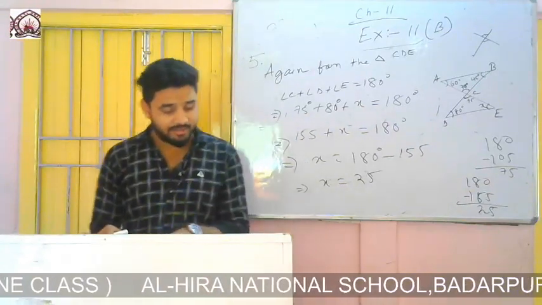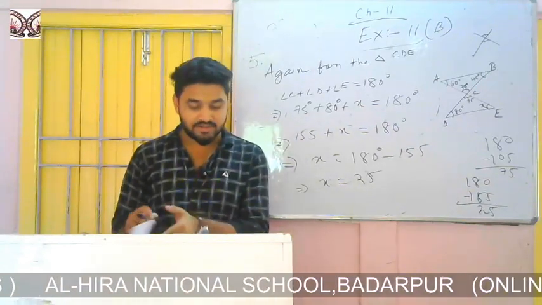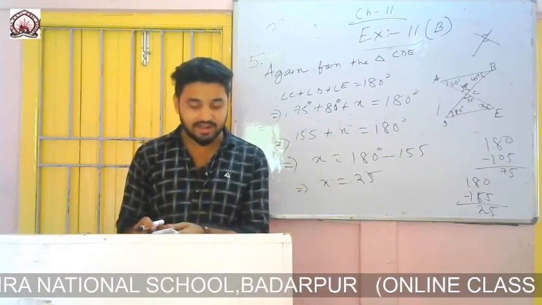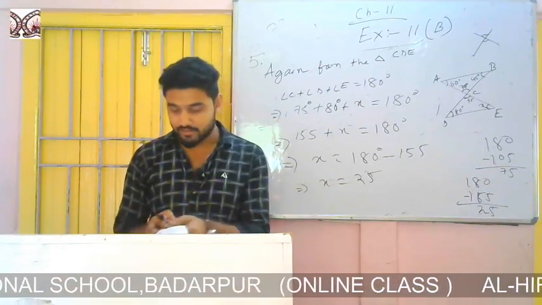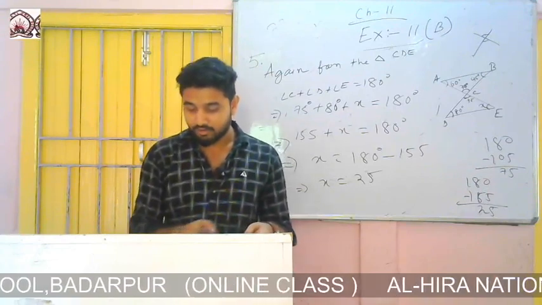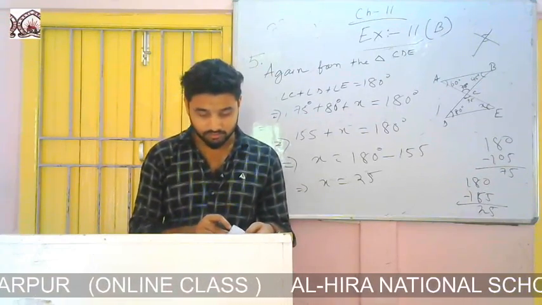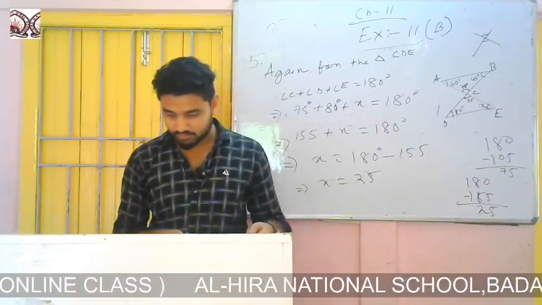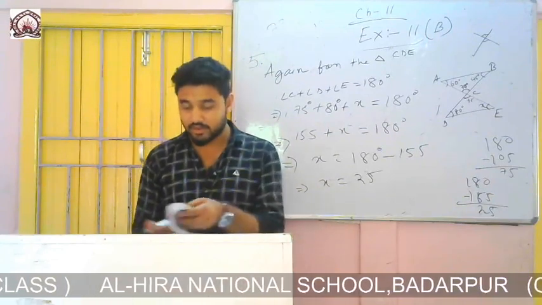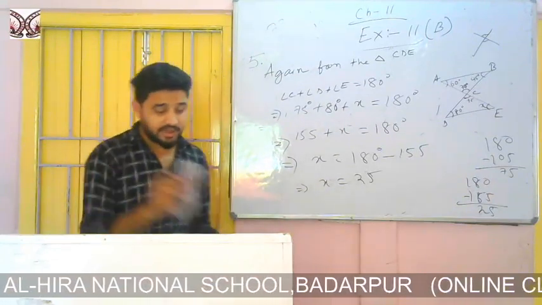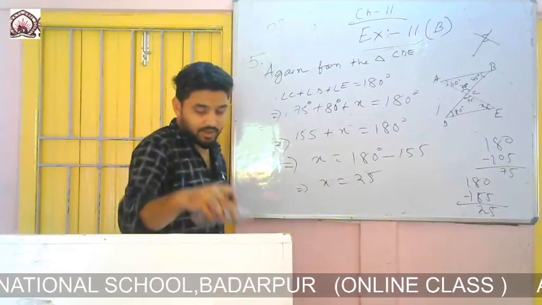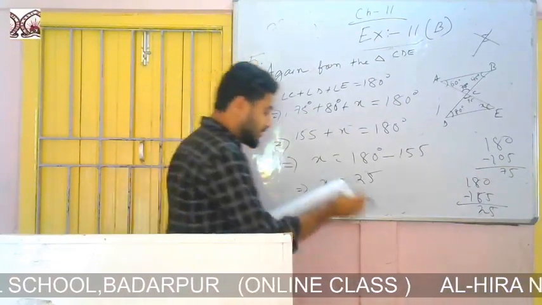Okay. So now come to question number B. You just see the figure and how the angles are given. Okay. Now you see the question number 5 Roman 2.